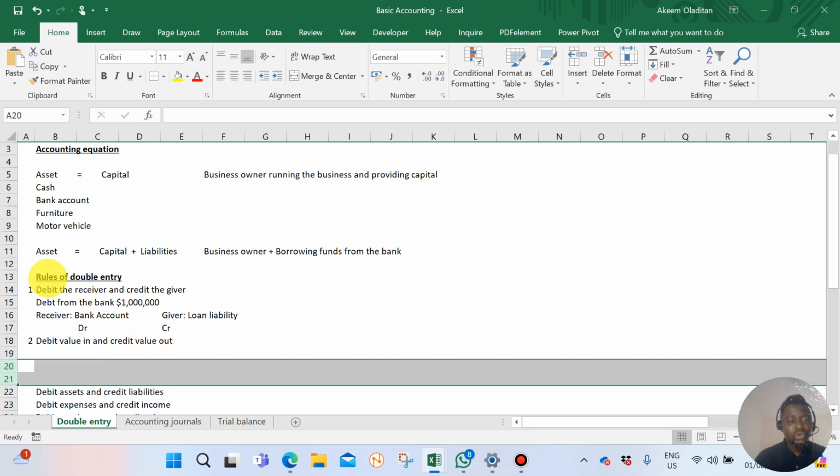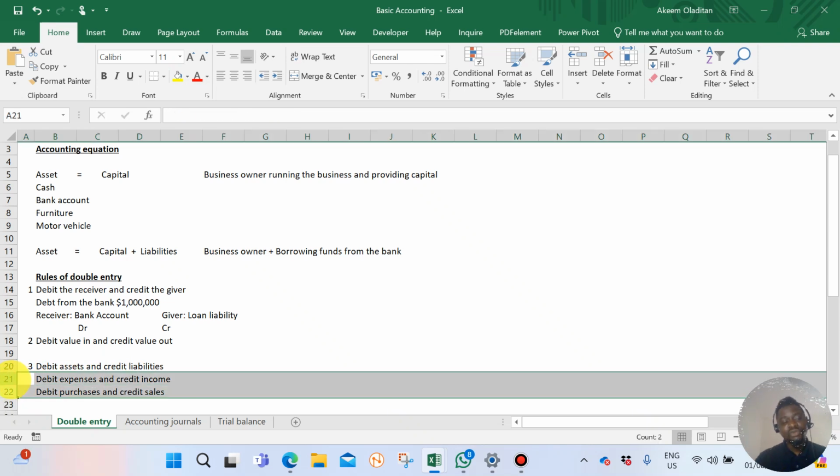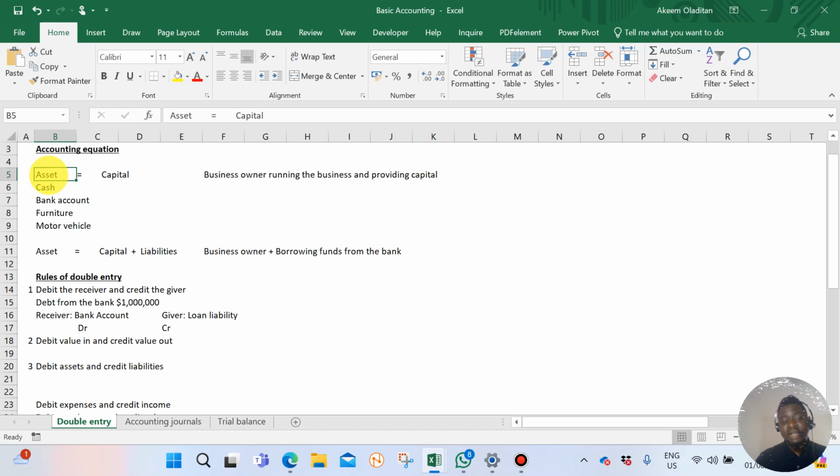So the third one of the rule of double entry is debit assets and credit liabilities. What do we mean by debit asset and credit liability? In this instance, if you look at it critically, we've been talking about the accounting equation here, where the business owner brought in some cash into the business. This is the first scenario I painted here.